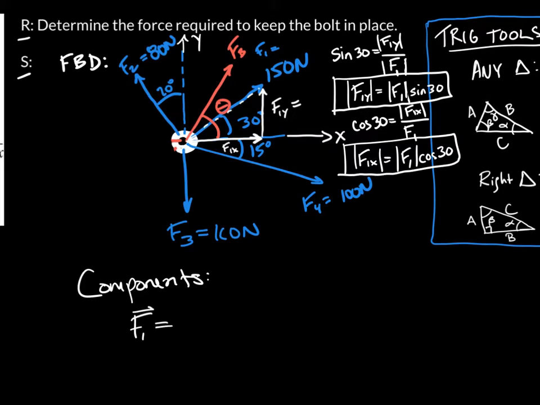So these two things are going to help me solve for my F1x and my F1y magnitudes. If I plug this into the calculator with 150 newtons, well, I don't really want to write all over my trig tools. Okay, well, whatever, it's too late, we already did it.